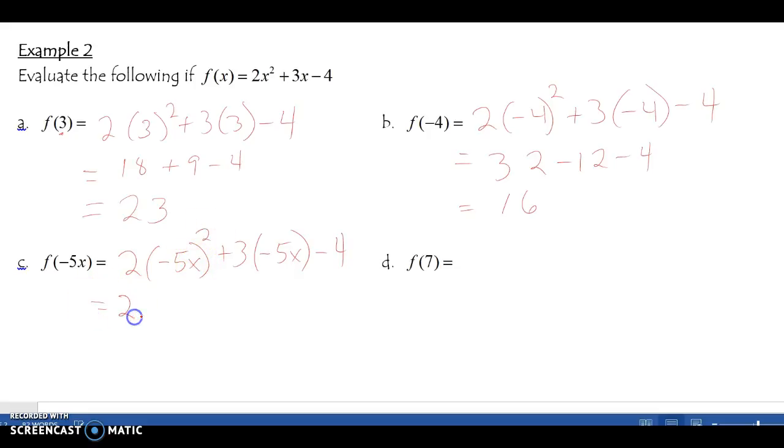So you end up with 2 times the quantity 25x squared minus 15x minus 4. So we'll get 50x squared minus 15x minus 4. So when we're evaluating at an expression, our answer is still going to be another expression. In this case, a trinomial.